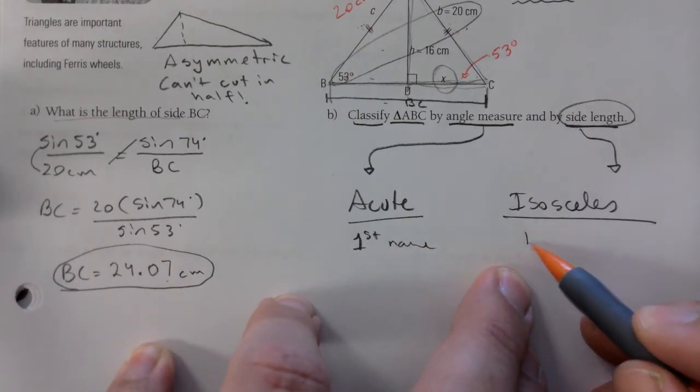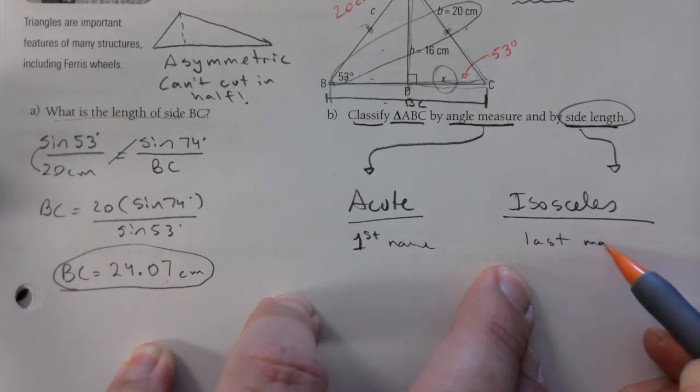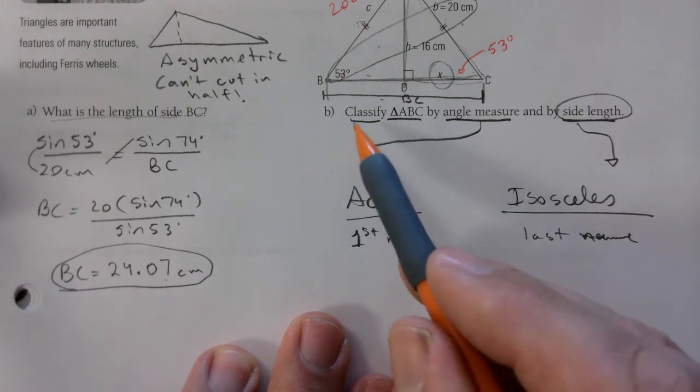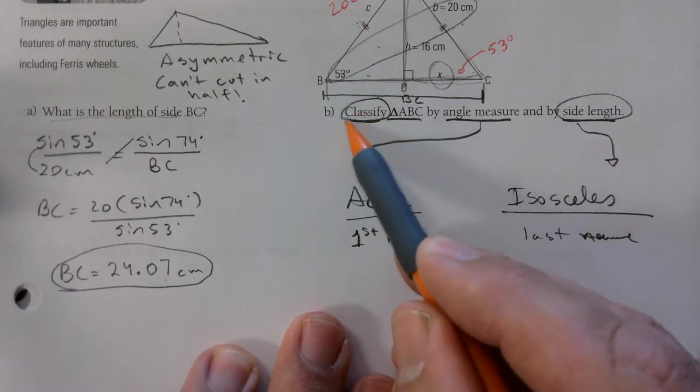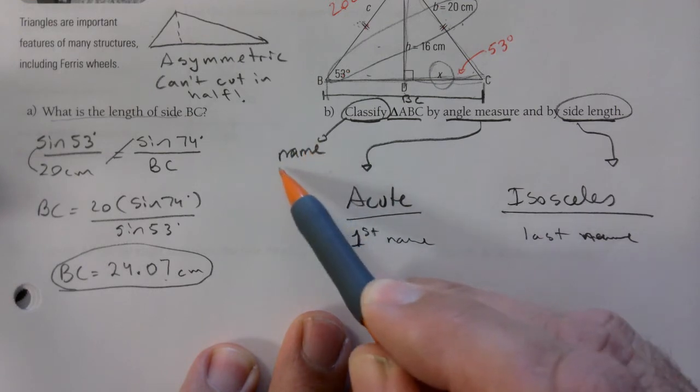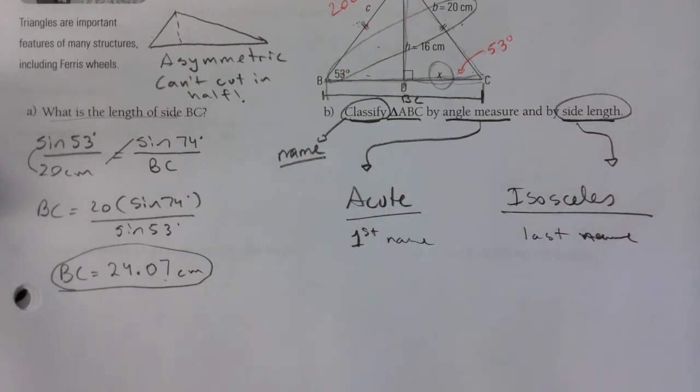First name and last name, okay? That's how you name, this is what we call classifying, right? So classifying names that specific triangle. So acute isosceles, how did we do that? We came up with a whole bunch of information just by applying, right?